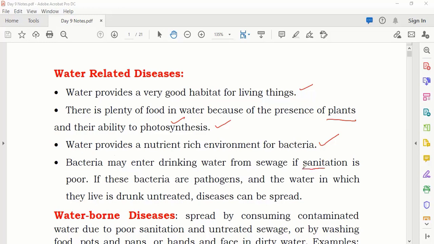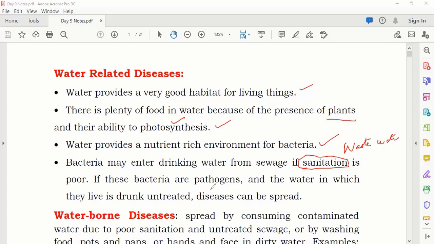Sanitation means the system which is used to take the wastewater out from your homes or from the factories and dispose of it in a safe place. If there is any leakage in sanitation, the filthy water, or you can say wastewater or contaminated water, can be mixed with the drinking water.